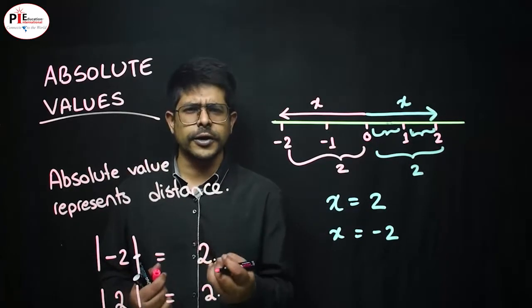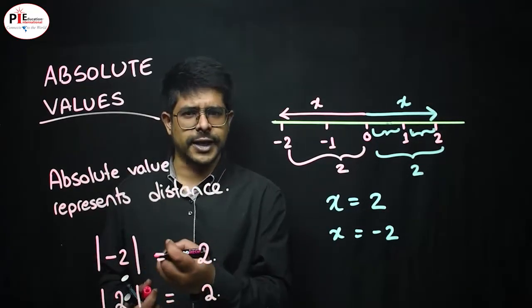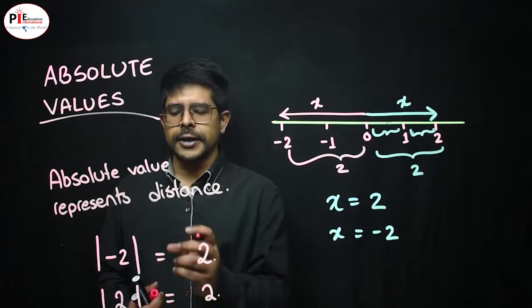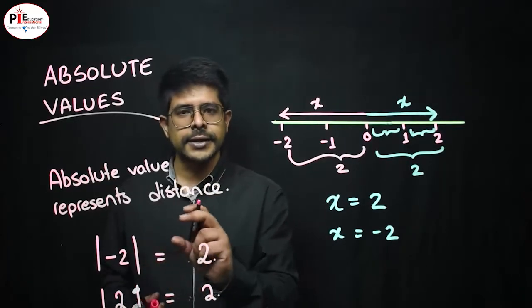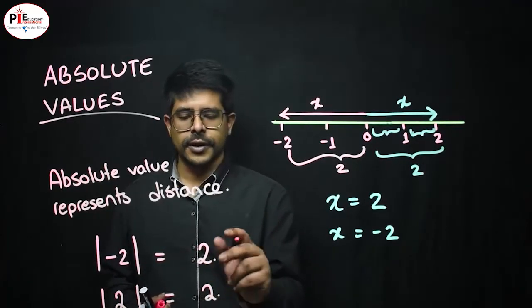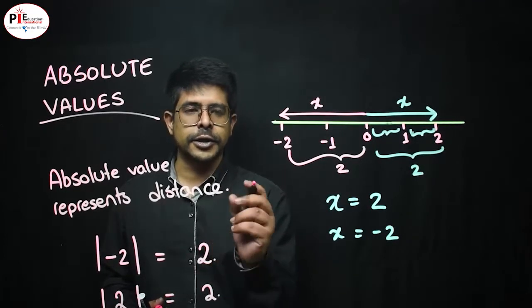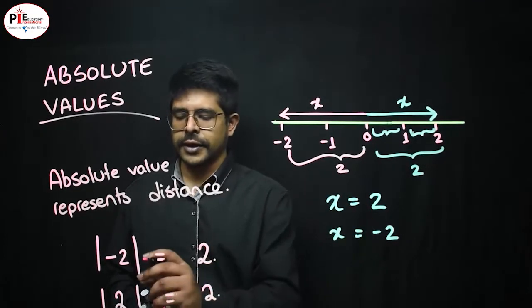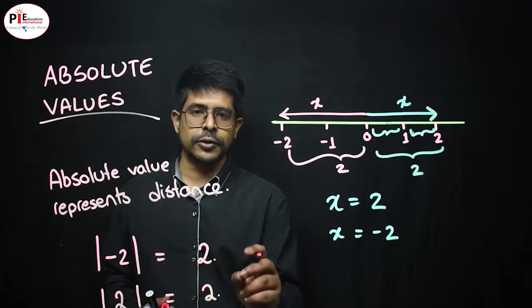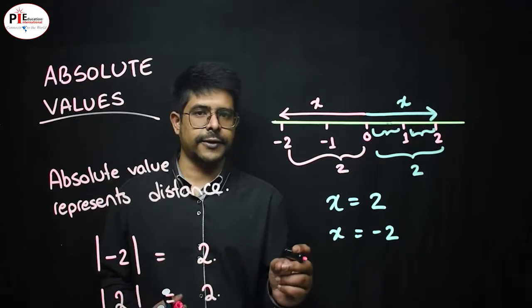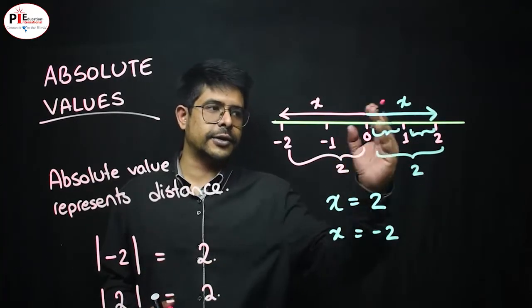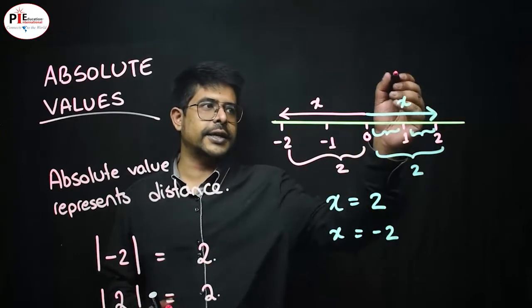So it's not only about taking away the negative sign. It's about the distance, the units that it has gone. 2 is the 2 units that have been traveled. It doesn't matter whether it is on the positive side or on the negative side.